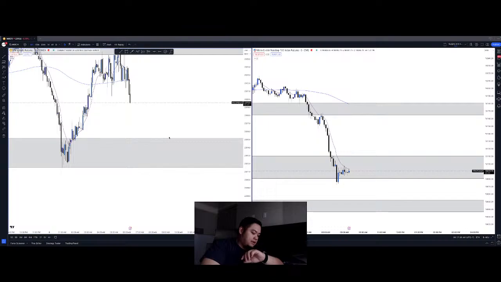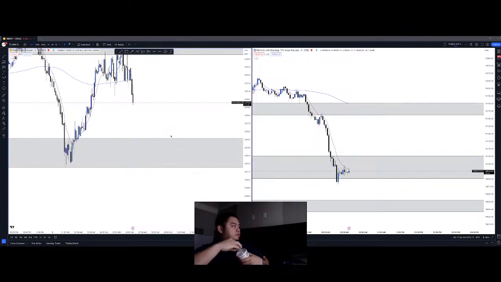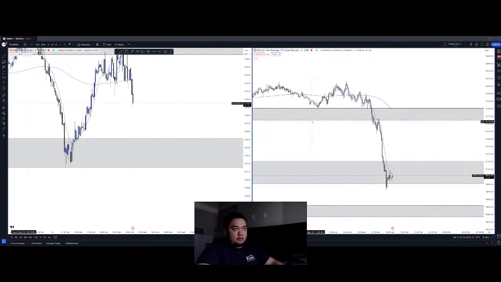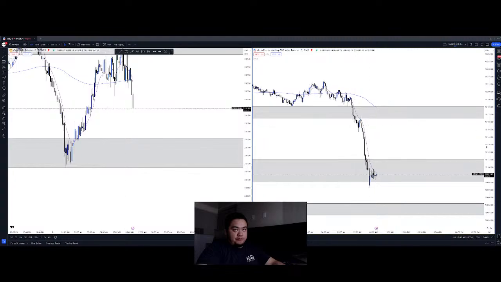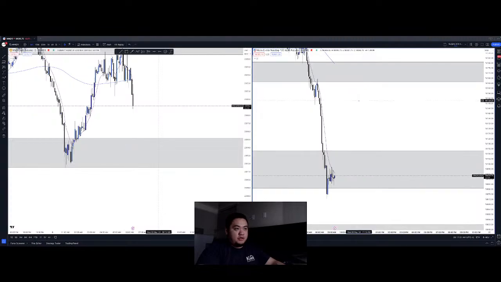But let's see, 617. Market open shortly. And then on NQ, we have an old supply, new demand area right here, with the 200 EMA there on the 5-minute chart.